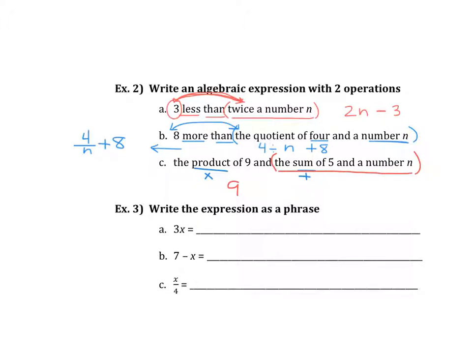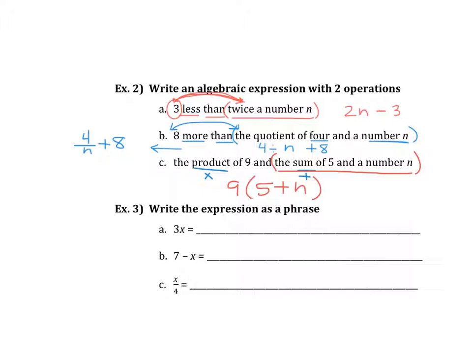And that's by just putting parentheses around it, right? So I'm going to put parentheses around the sum of 5 and n. Okay, so 5 plus n. So now this is the product. We're multiplying 9 and those parentheses. Do you see that? Okay.